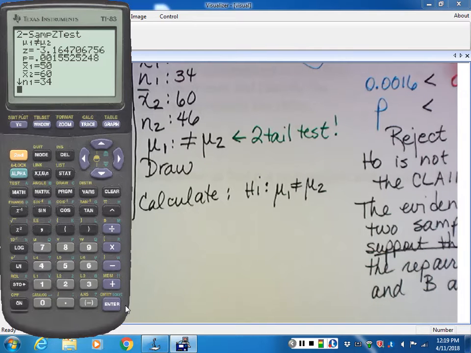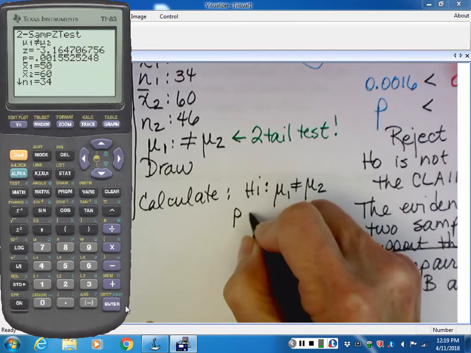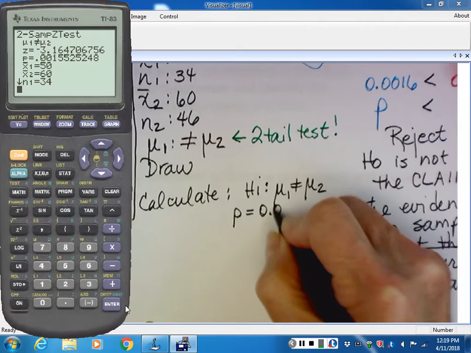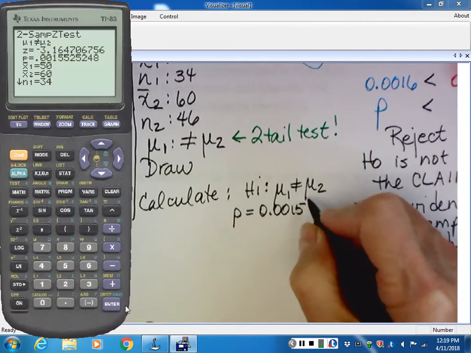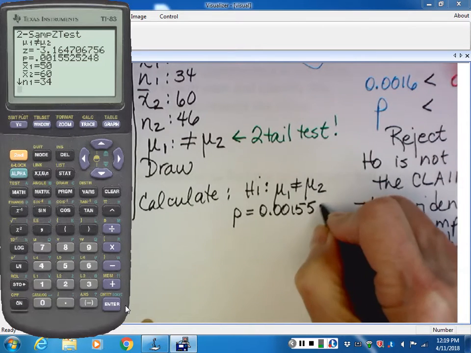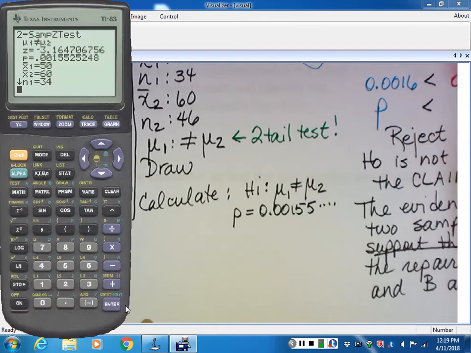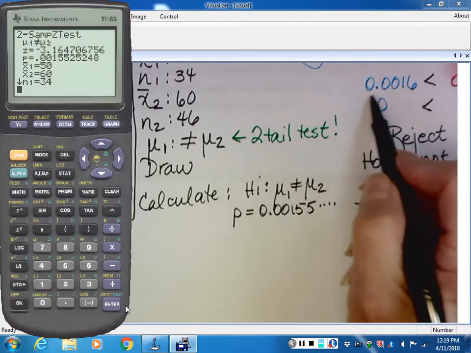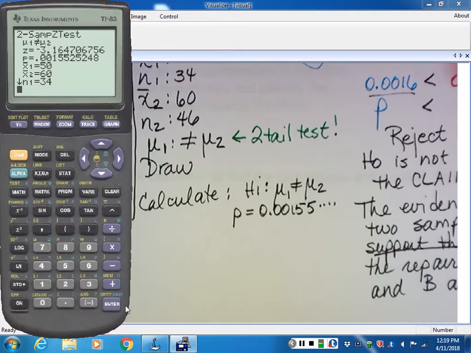Then it gives you the p-value, which matches up with the p-value we got to begin with, our 0.0016, just rounded.